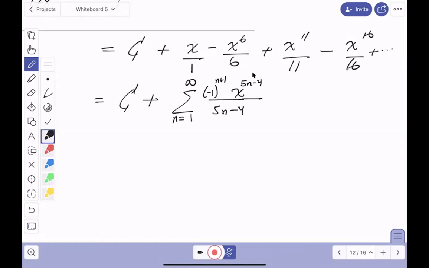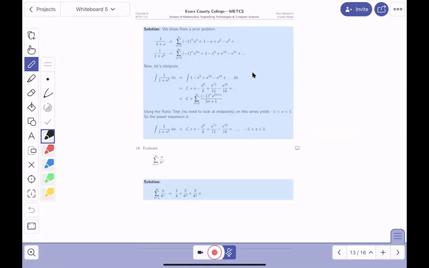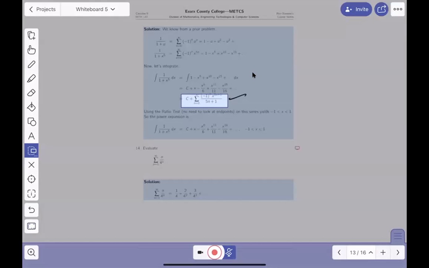All right, let's look at the key and see how we did. You know what? I didn't write the sum down. Oh, no, I did. It's right over here. Let me just make sure I got the right sum now. In other words, I'm going to copy it.